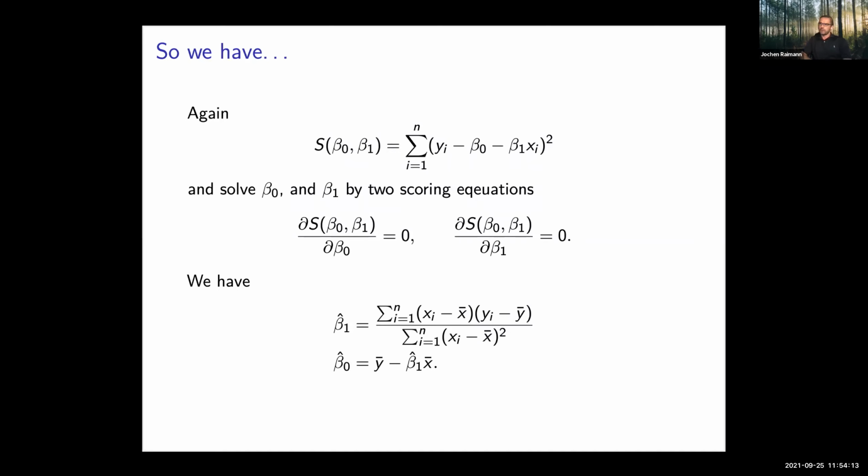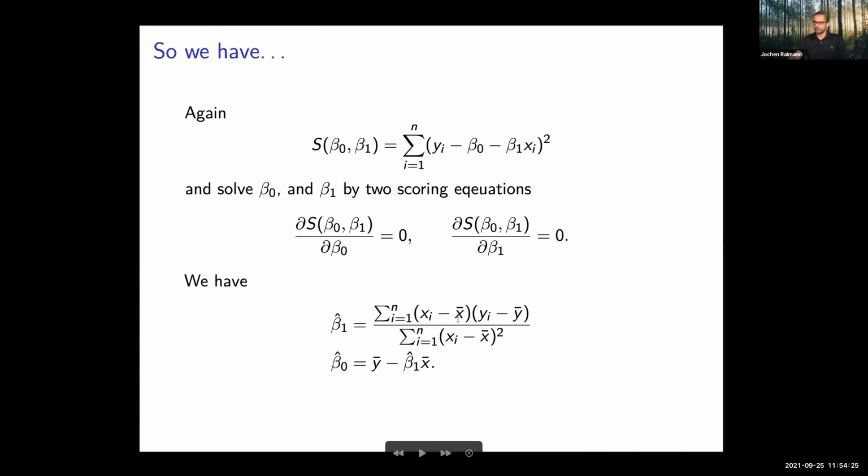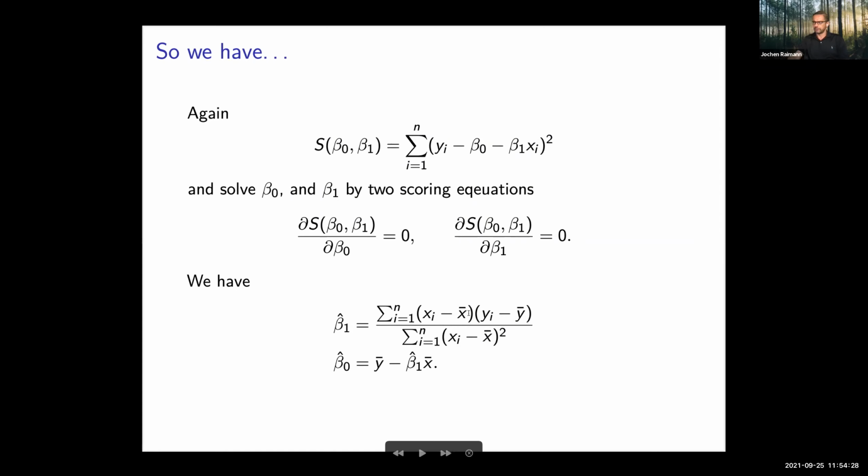differences. So if we are solving these now, essentially we can solve this as beta 1 here as the sum of (xi minus x bar), so this is our difference between the xi and the mean, times (yi minus y bar), divided by the sum of (xi minus x bar) squared.